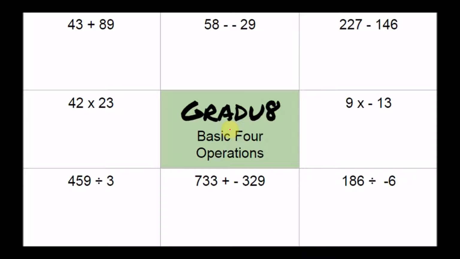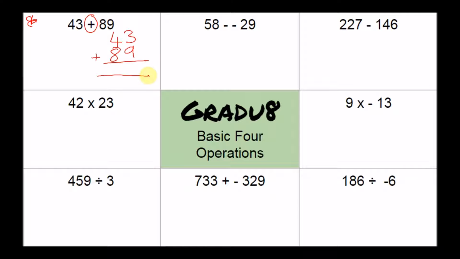Okay, if you've unpaused this now, it means you're ready to have a go at going through some of these solutions. So I'm going to start up in this top corner and assume that you've started on this question. Nice and easy then, 43 add 89. Okay, so I'm going to lay this out in a column method.